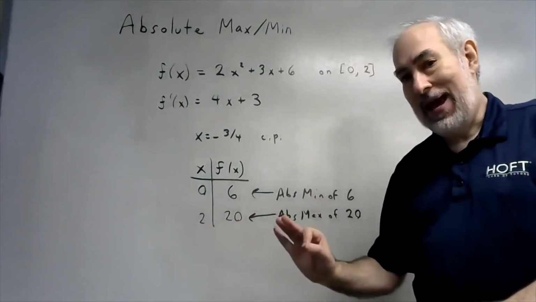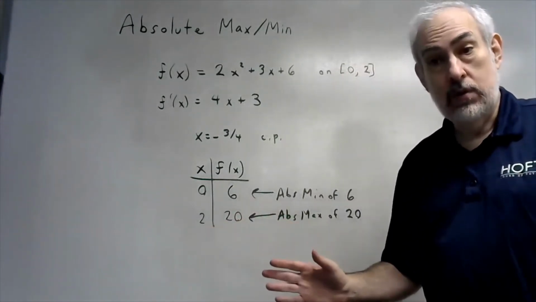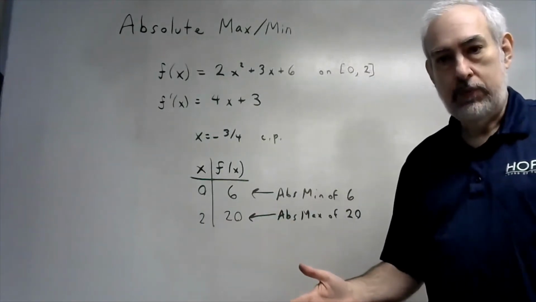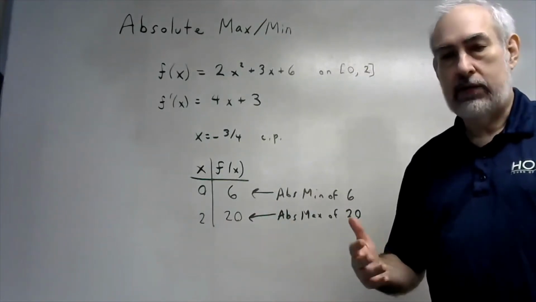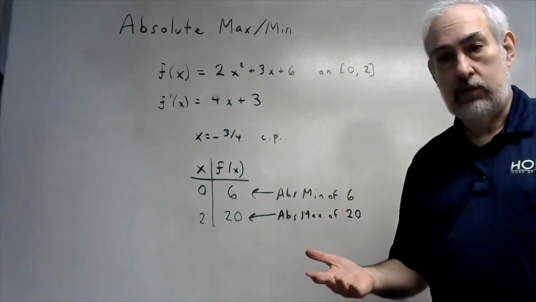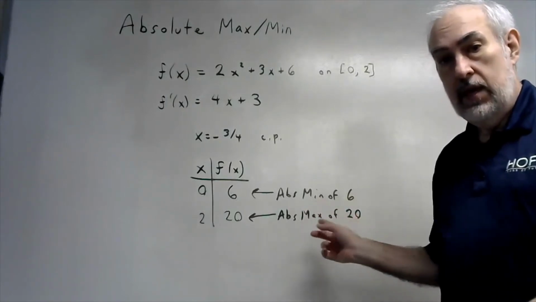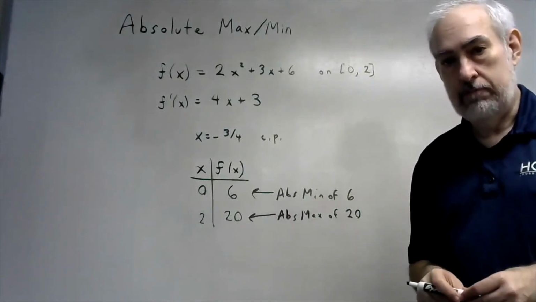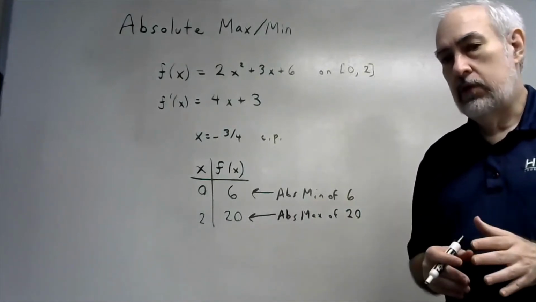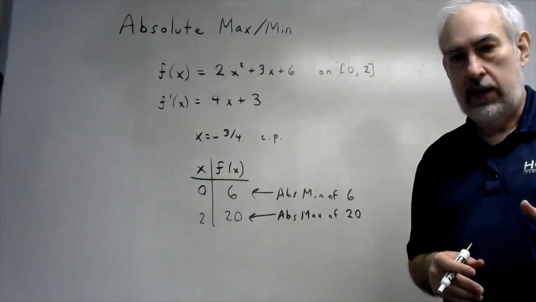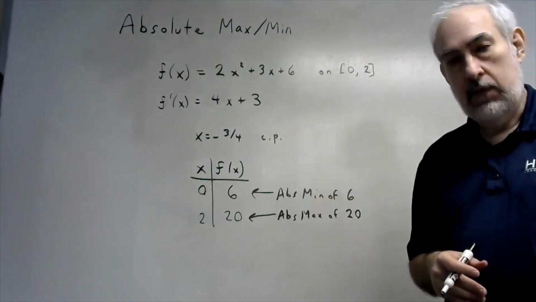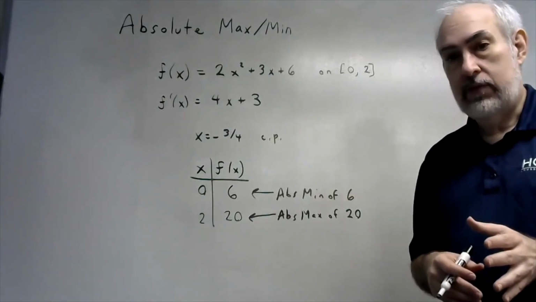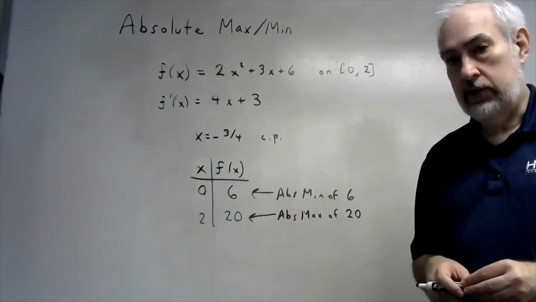So if they use the word at, like absolute maximum at 2, they mean x equals 2. If they say absolute maximum of 20, they mean the y coordinate is 20. That's the maximum value of the function. So just be careful. If they're using the word of, they're referring to the value of the function, which is the y coordinate. If they're saying at, then that's the value of the x coordinate of your function.